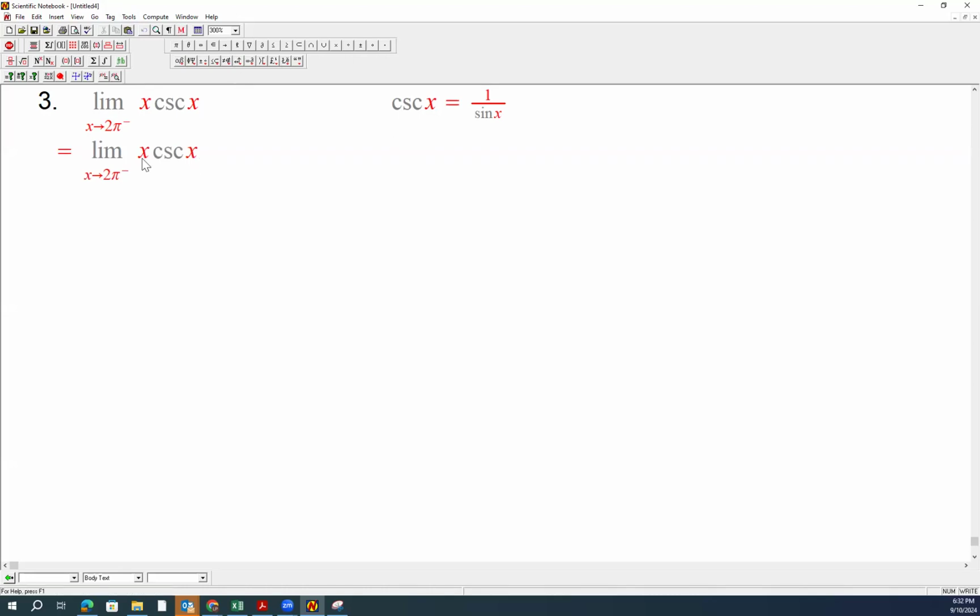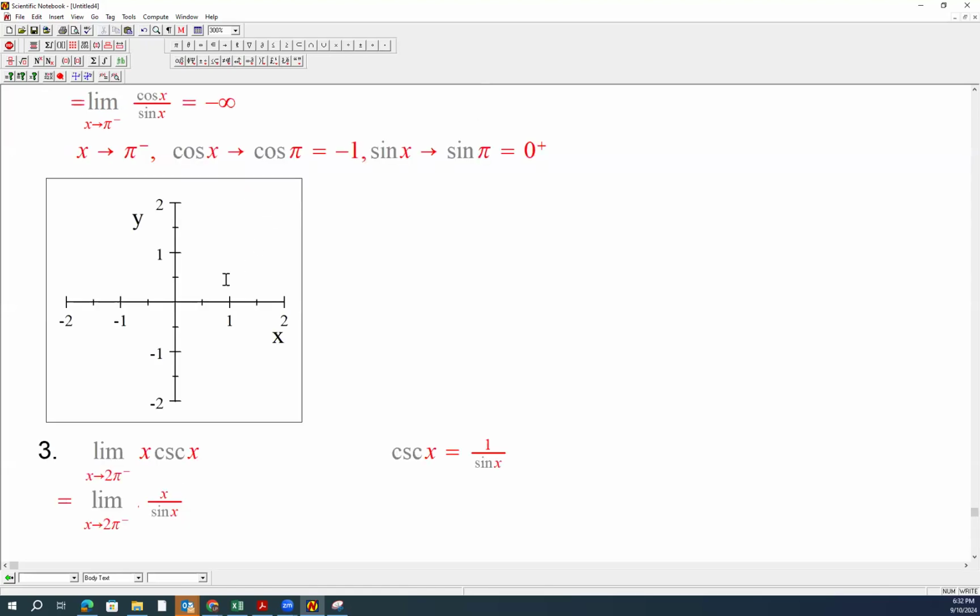You better know this relationship: 1 over sine equals cosecant. So we got x over sine x, with x approaching 2 pi. Sine x is approaching 0 when x approaches 2 pi, for sure. The numerator is approaching a fixed number, 2 pi. The denominator is approaching 0. Now we need to figure out what kind of 0 this is.